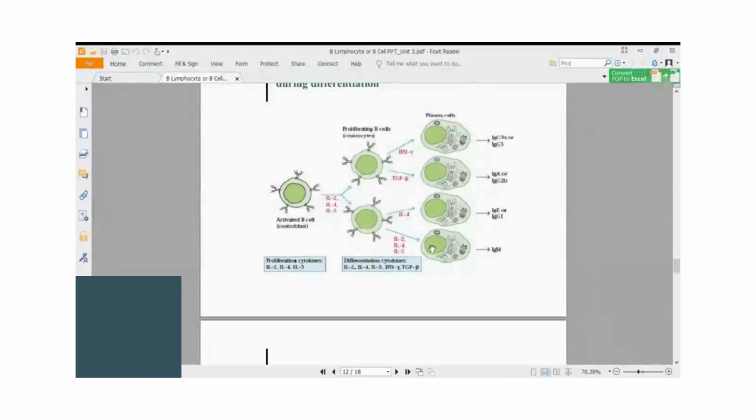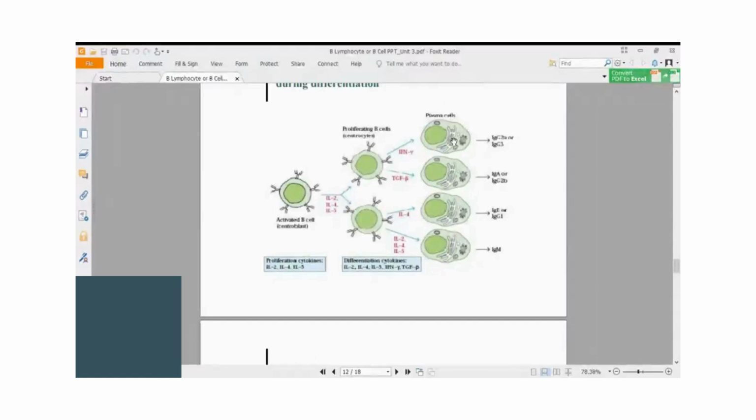Now, what is the characteristic of plasma cells? Plasma cells will be 1,000 times larger than the B lymphocytes without receptors on their surface, and they will push the nucleus to one side of the cell. Therefore, the nucleus is eccentric, and they will put a large amount of rough endoplasmic reticulum in their cytoplasm, which will occupy more than 3/4 of the volume of the cytoplasm, because that is required for protein synthesis.